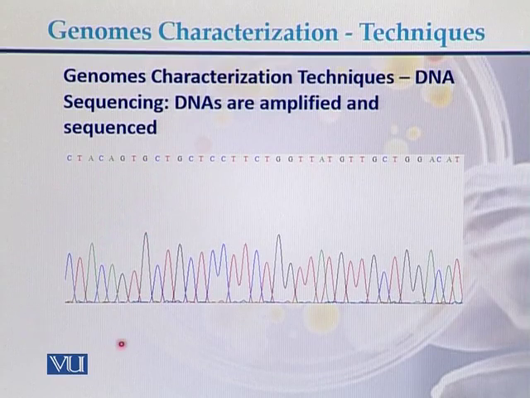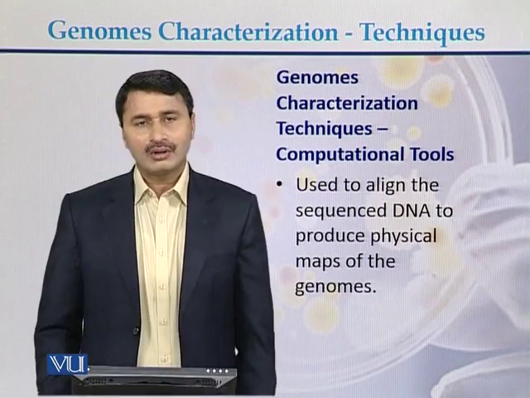So the sequencing data appears in the form of peaks, and each nucleotide is labeled with a specific color of peak, and with the help of these peaks we can read the sequencing data.